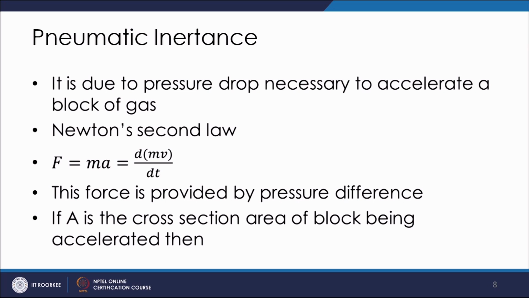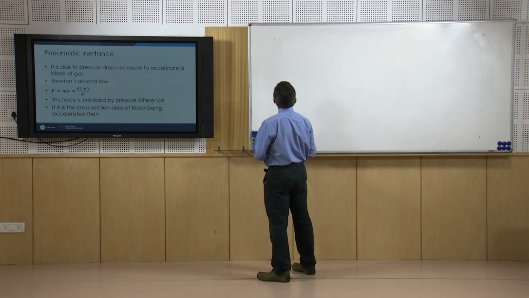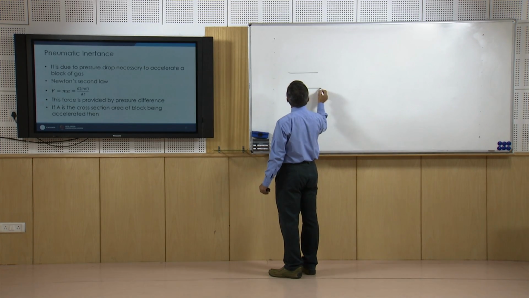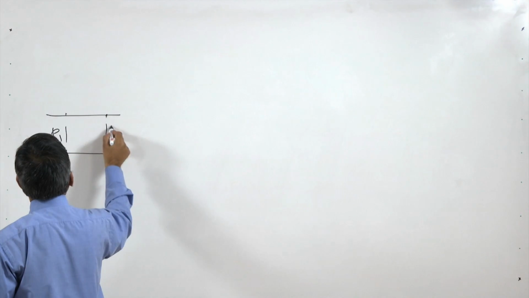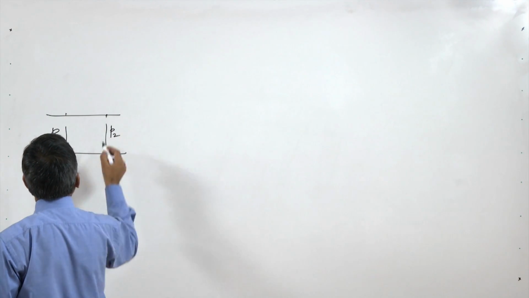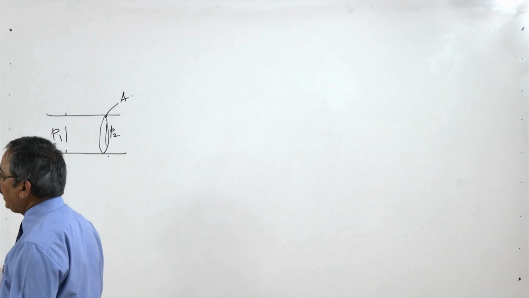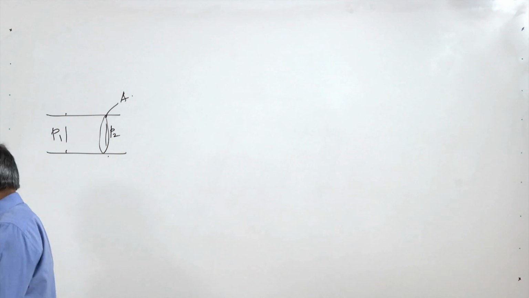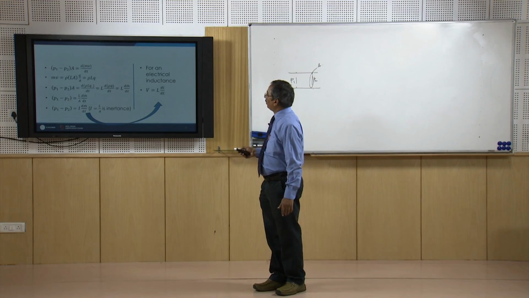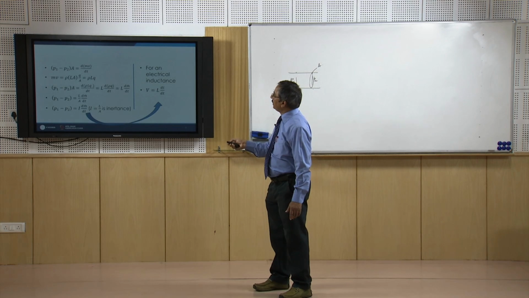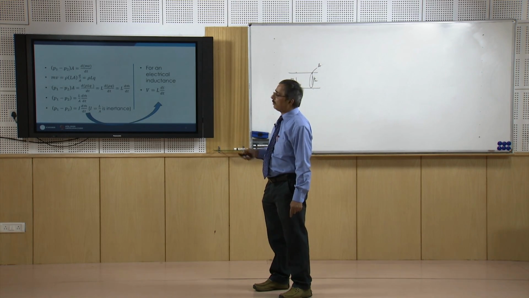If A is the cross sectional area of the block being accelerated, say this is my block, and the pressure here is P1 and here is P2, and this cross sectional area is A, then my expression is going to be P1 minus P2 times A. So this is the force, and this is d by dt of mv.